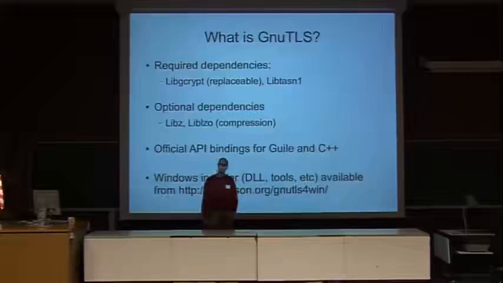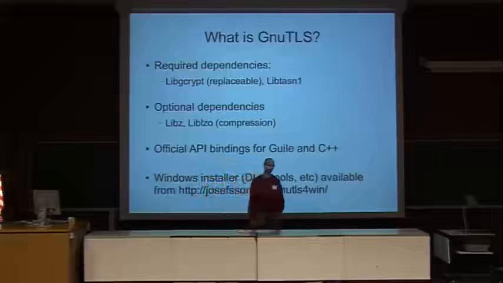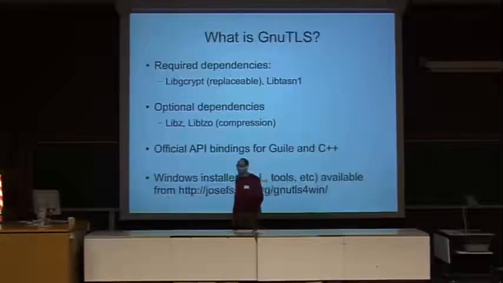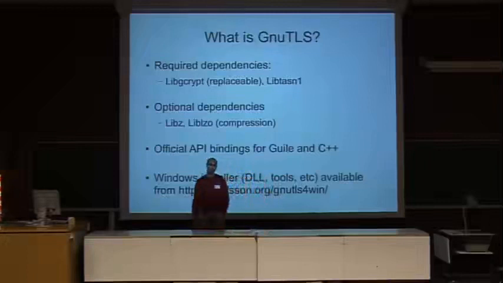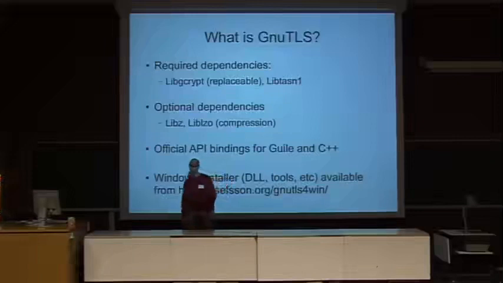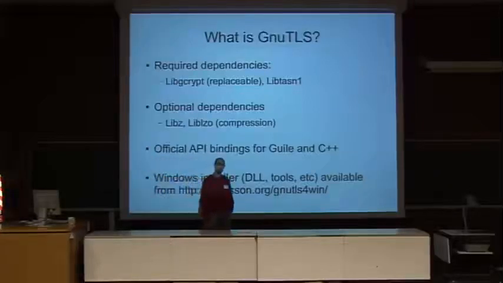There are bindings for Guile, the GNU Lisp extension programming language, and C++. The C++ libraries or wrappers are not heavily used. I haven't seen any large projects use them yet. Hopefully it will take up. There are some unofficial wrappers like Python as well. I haven't used them myself, but they are out there.